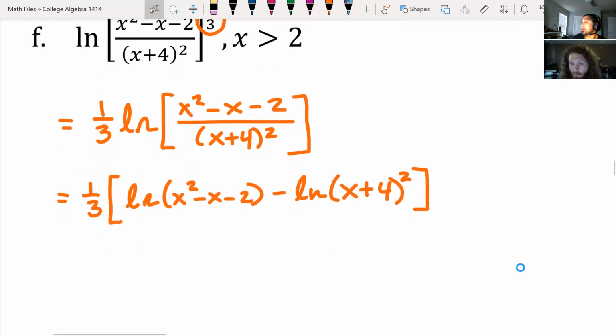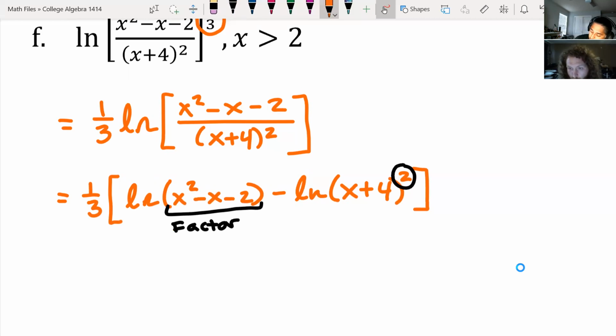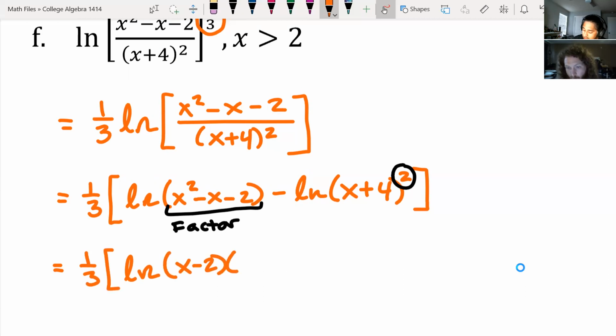Now we can do the power rule on this exponent, but for this log, this is going to have to be factored. So we're going to get 1/3 times the natural log of x minus 2 times x plus 1 minus 2 times the natural log of x plus 4.